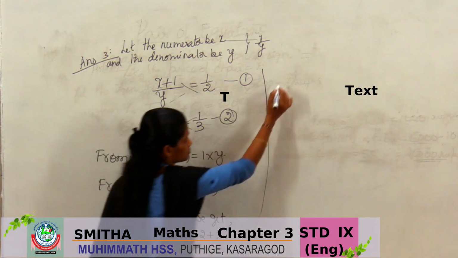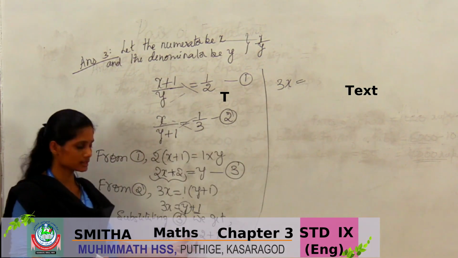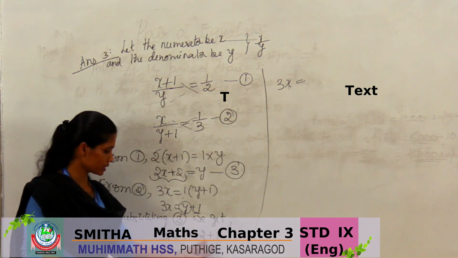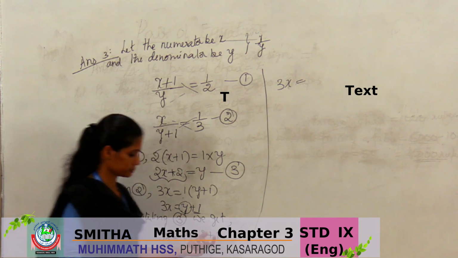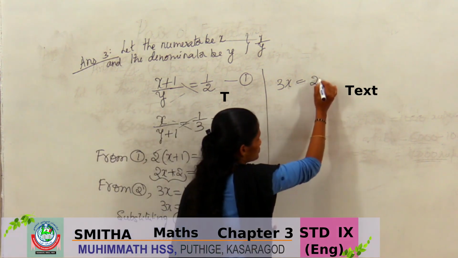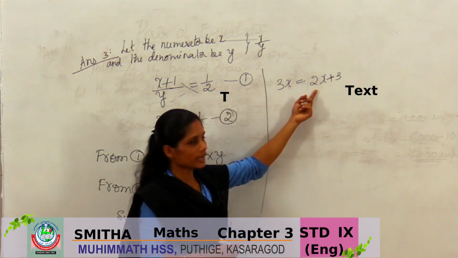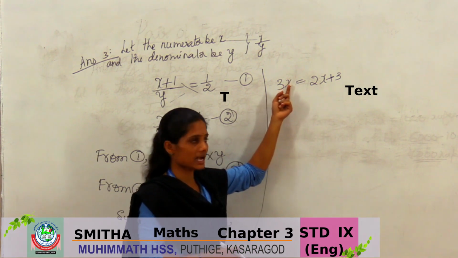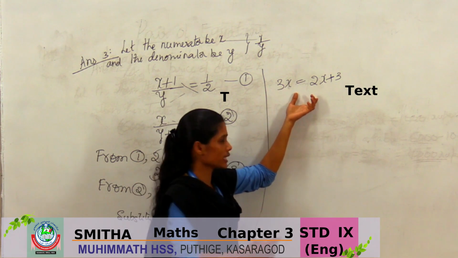3x is equal to 2x plus 3, because 2 plus 1 is 3. Transpose 2x to the left hand side, because 3x and 2x are like terms, and we can simplify them together.